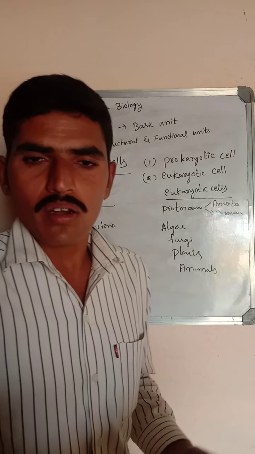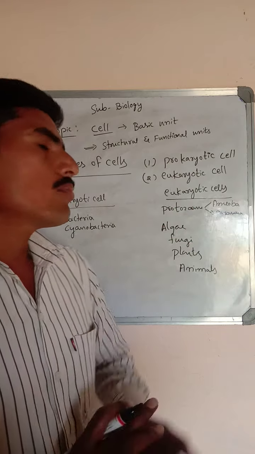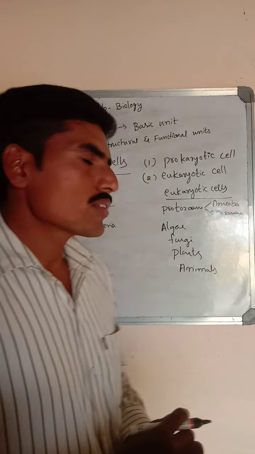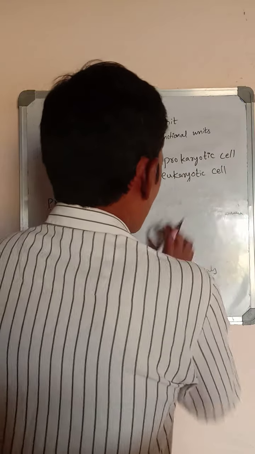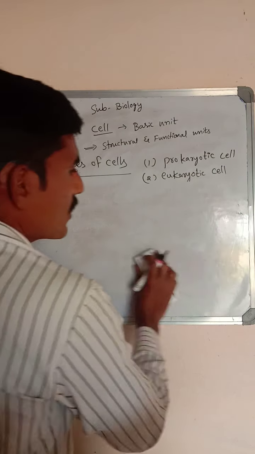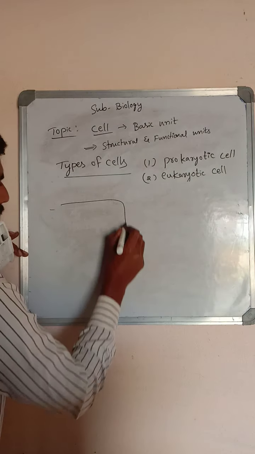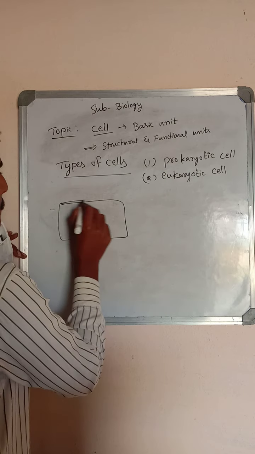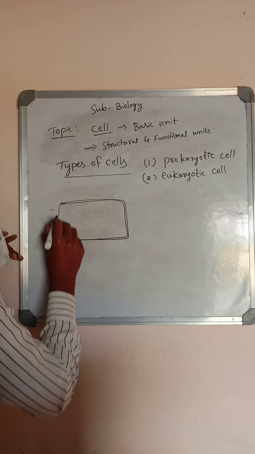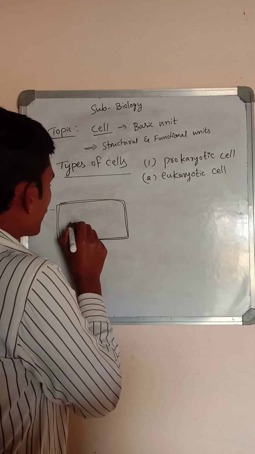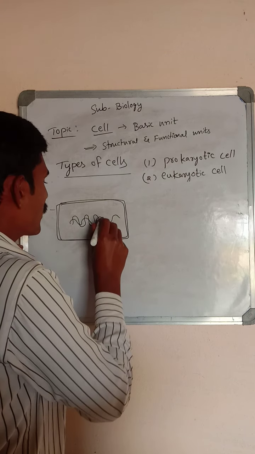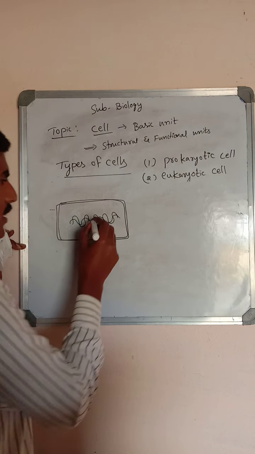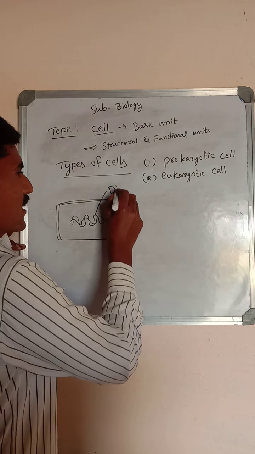All the algae are not multicellular. I will tell you later about this. Now, let us see how the prokaryotic cell looks structurally. The prokaryotic cells contain the genetic material, or spherical shape genetic material or DNA.